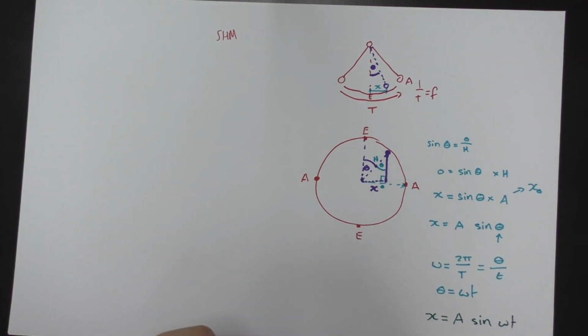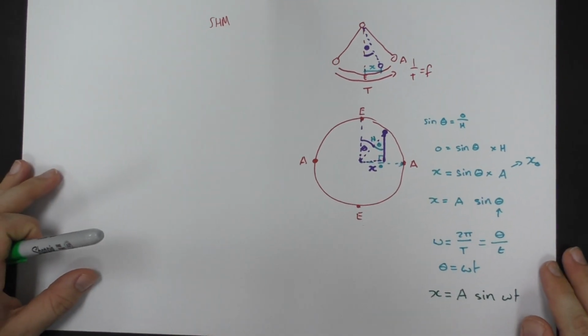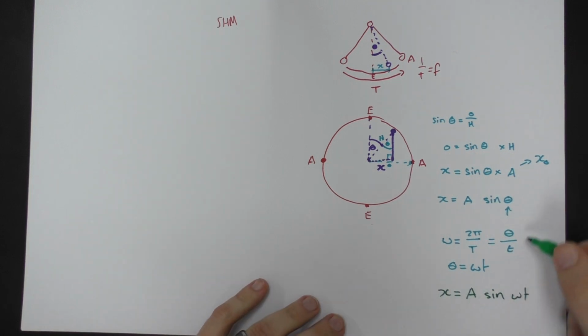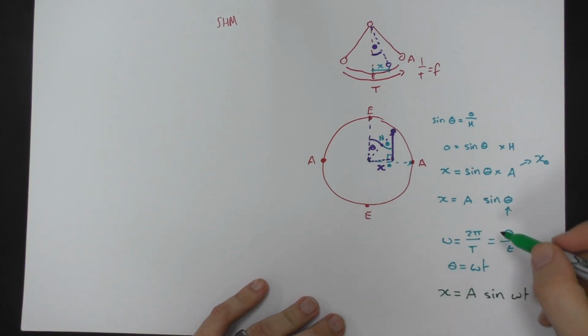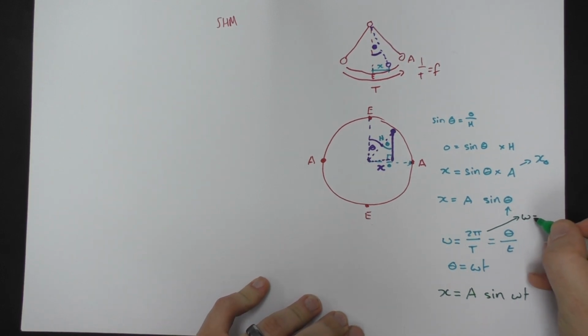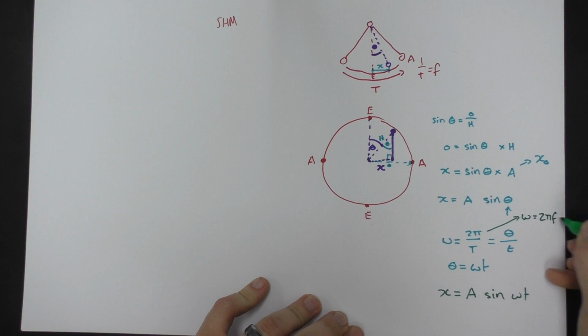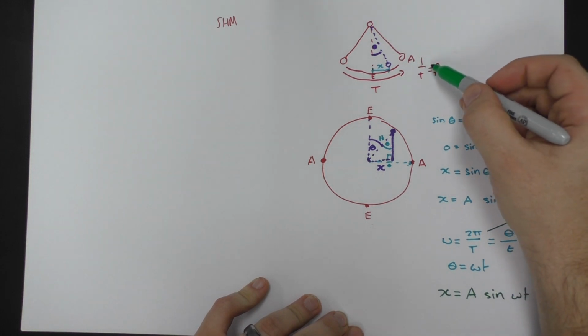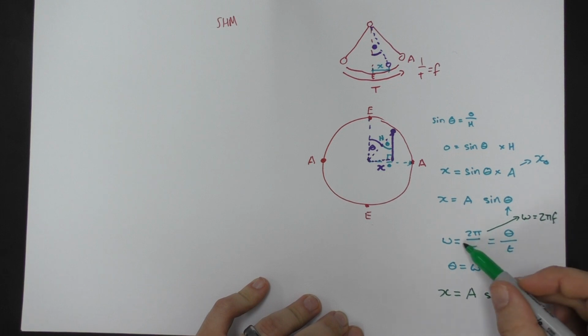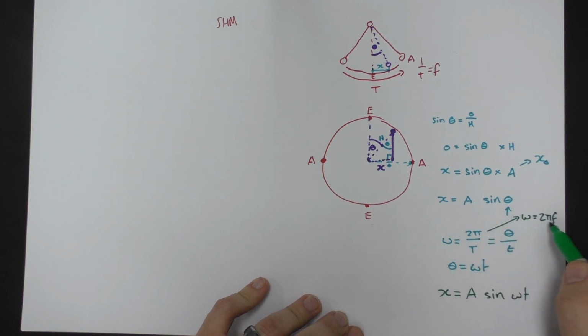Now, depending on your specification, depends on how much further you take this equation. Sometimes we can go a step further and write omega in terms of something else. Omega can also be written from this relationship up here. I'll just draw it over here. Omega is also 2 pi f, because remember we said all the way up here that 1 over T is f, so that means that omega is also 2 pi f.